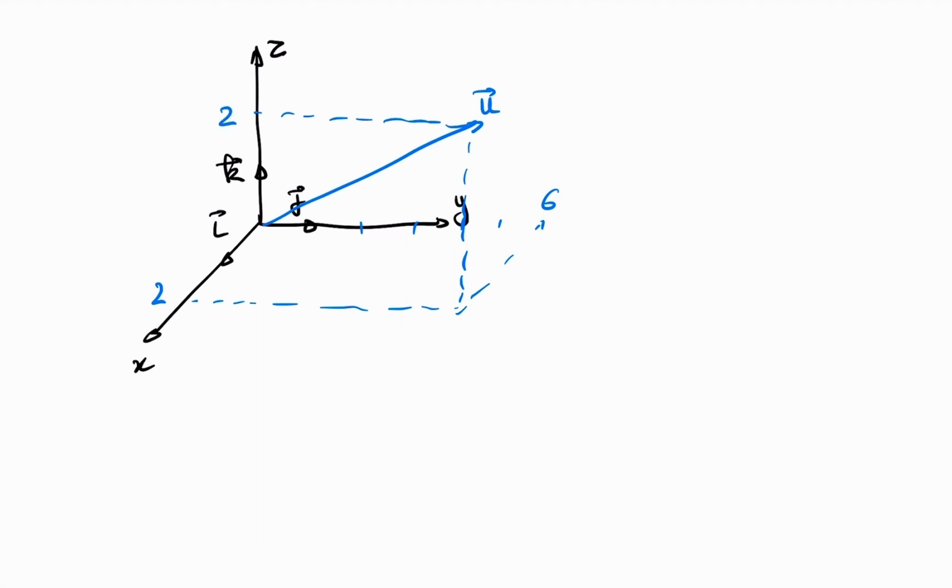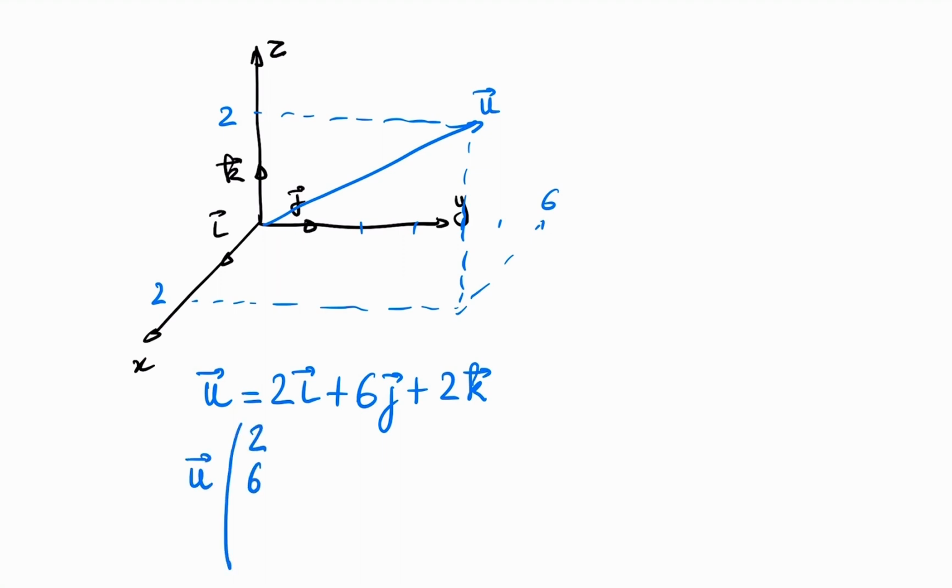So the vector u is equal to 2 times the vector i plus 6 times the vector j plus 2 times the vector k, which is sometimes written u equals (2, 6, 2). Two different ways of writing it.